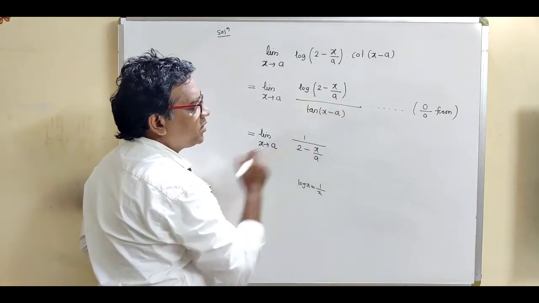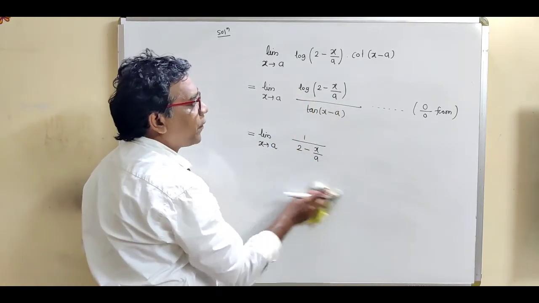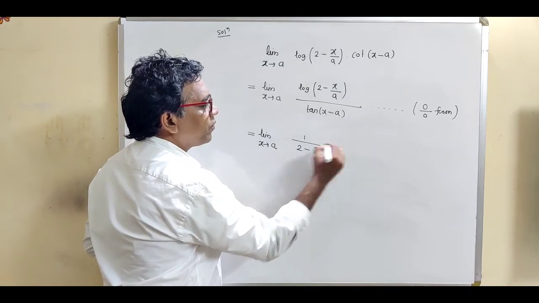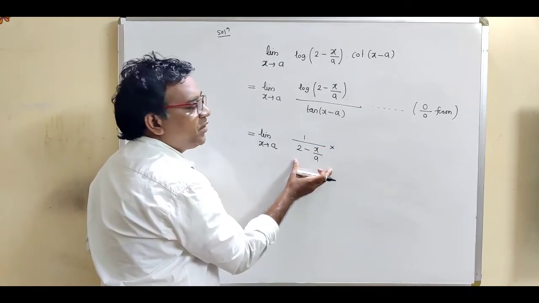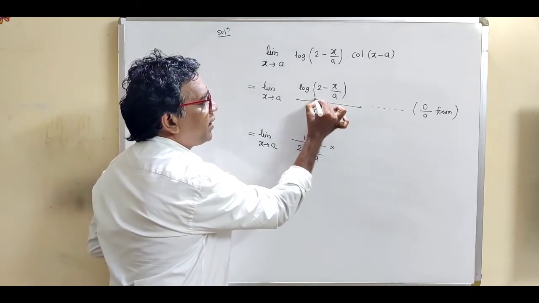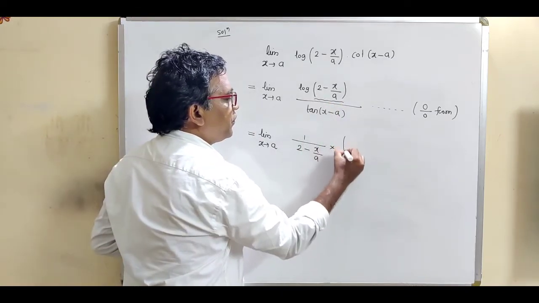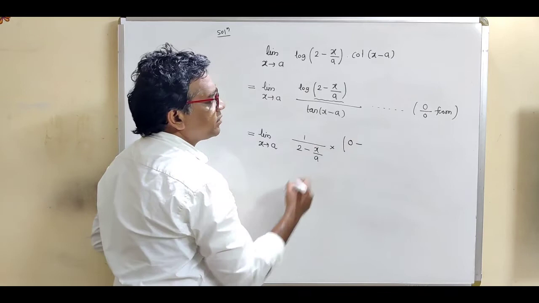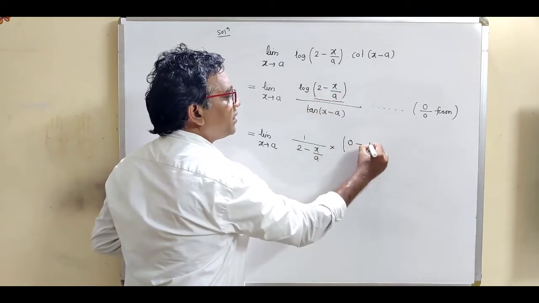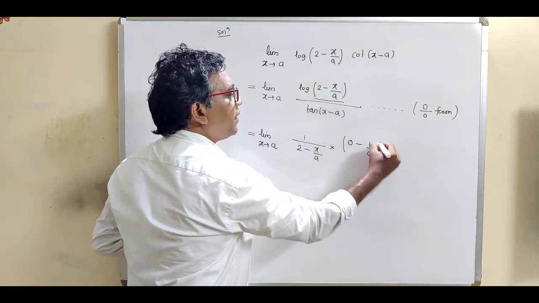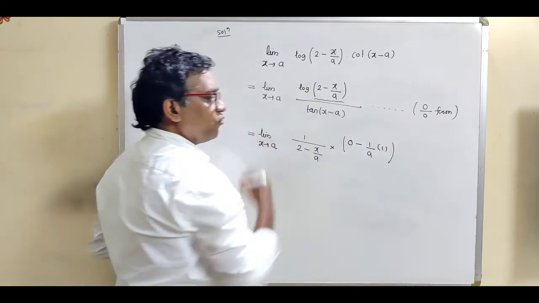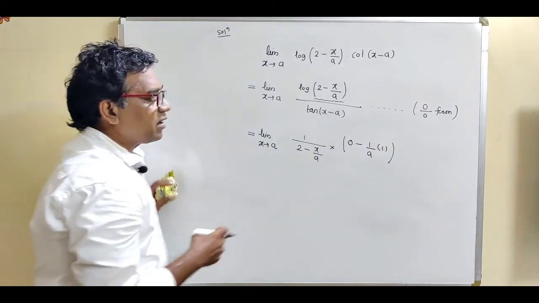Derivative of log function, it is 1 upon 2 minus x upon a into, according to chain rule, multiply by derivative of this inner function. Derivative of 2, it is 0 minus 1 upon a, this is constant term, and derivative of x, this is 1.